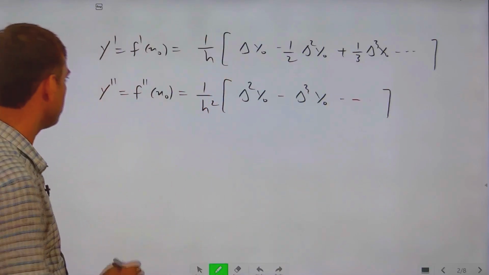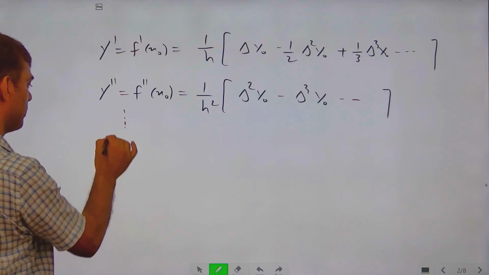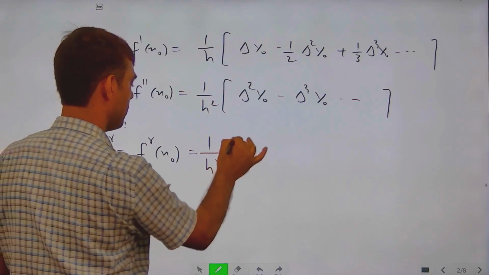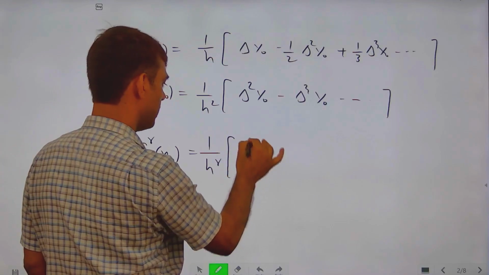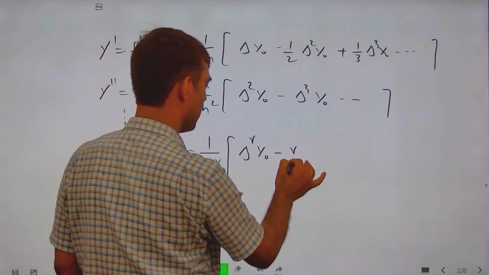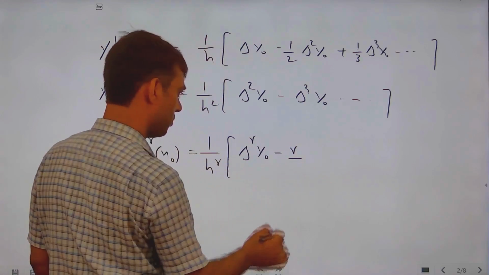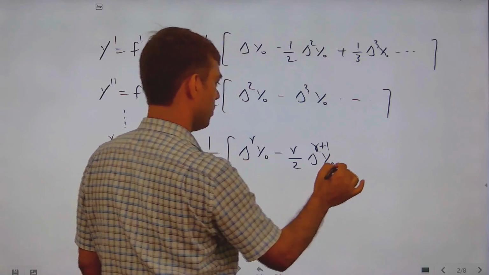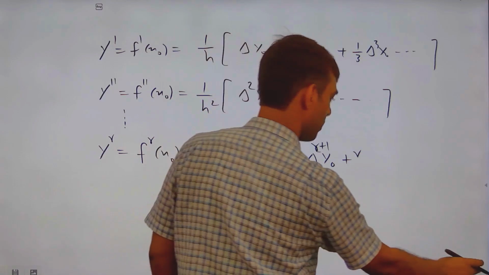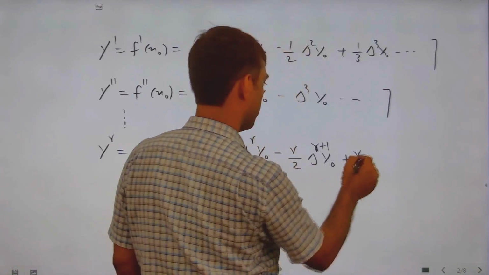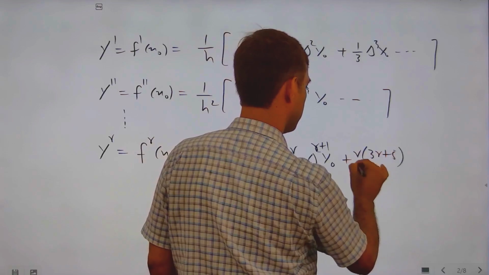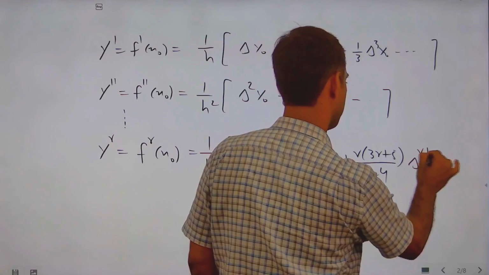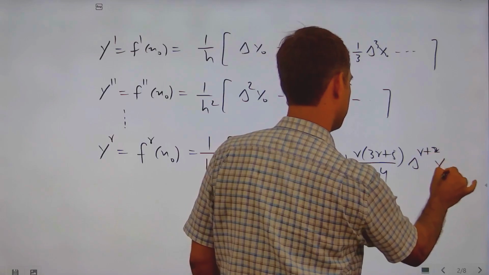This one. And in a similar manner, what is the differentiation? y^(r) equals f^(r)(x0), this becomes 1 upon h^r, Δ^r y0 minus r/2 Δ^(r+1) y0 plus r(3r+5)/24 Δ^(r+2) y0 and so on.